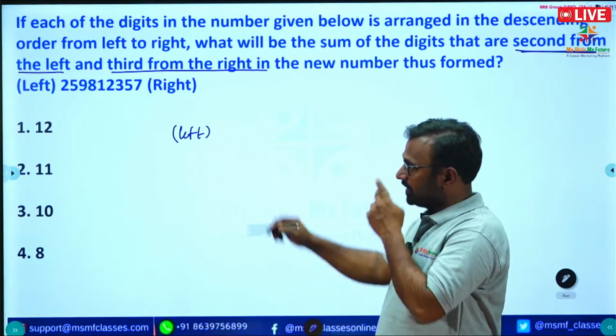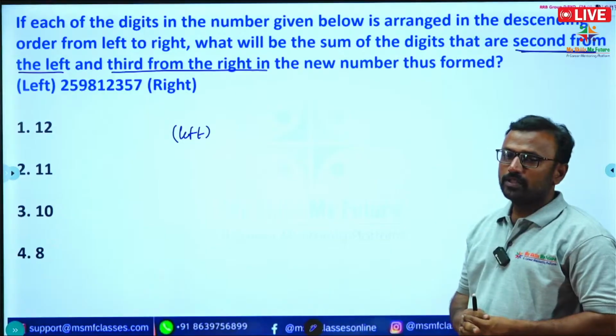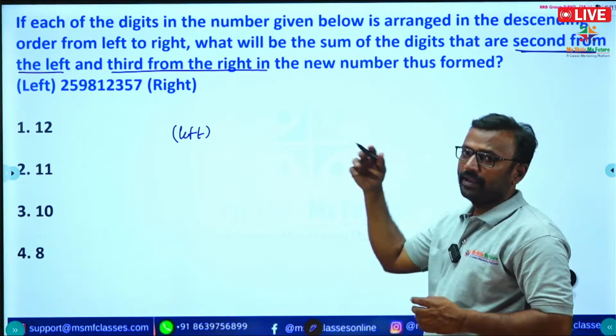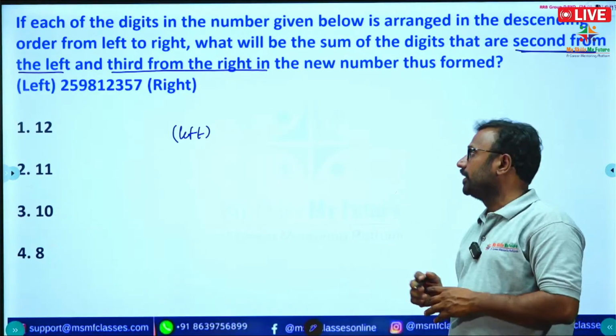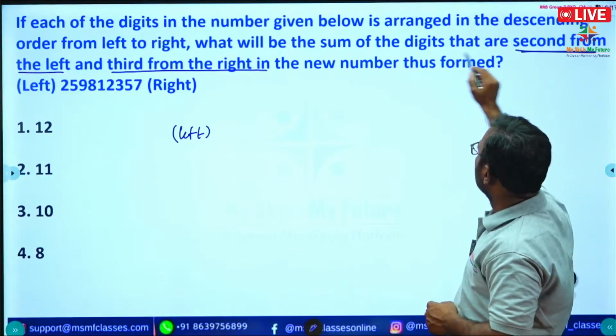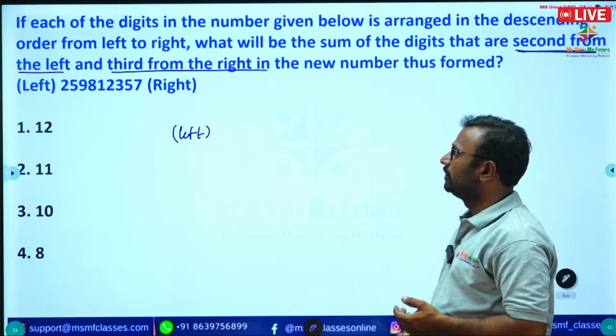The number given is 25981 2357. So what is our question? The number must be arranged from left to right in descending order. Then what will be the sum of the digits that are second from the left and third from the right?